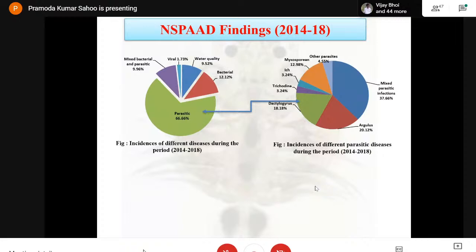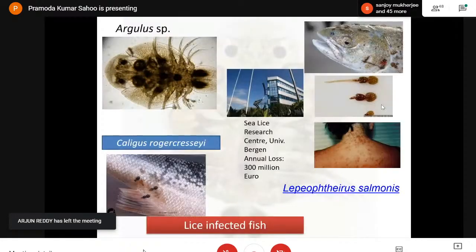For Argulus, the prevalence is around 20%, but 37% of infections are mixed parasitic, and in these mixed cases you will mostly also find the presence of Argulus. So Argulus seems to be a major challenge to freshwater aquaculture.